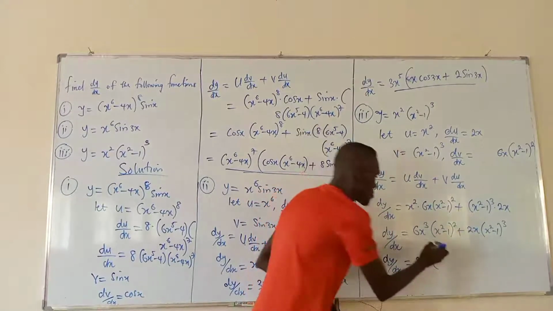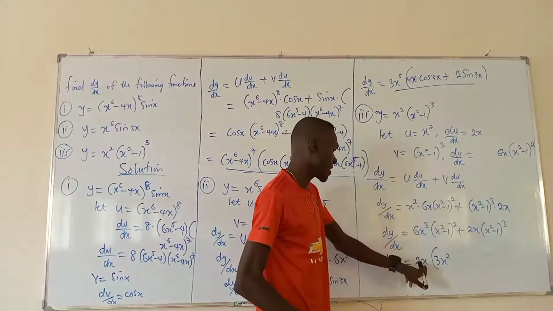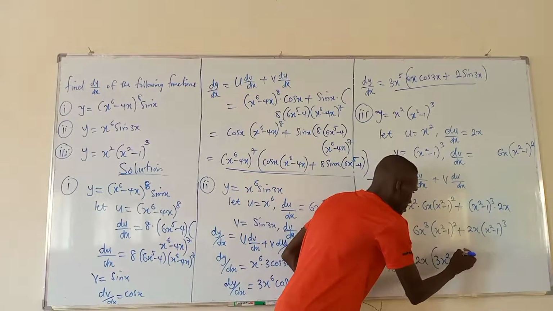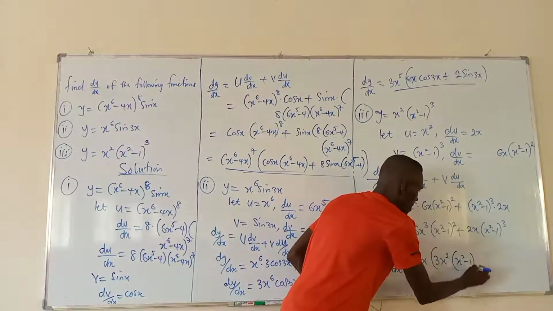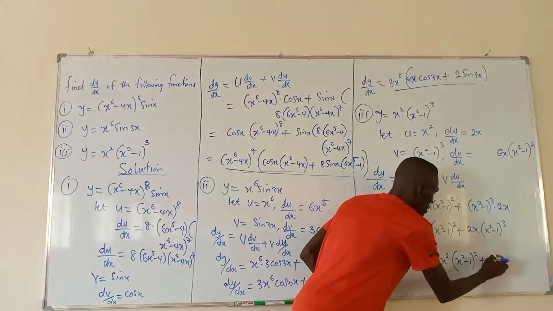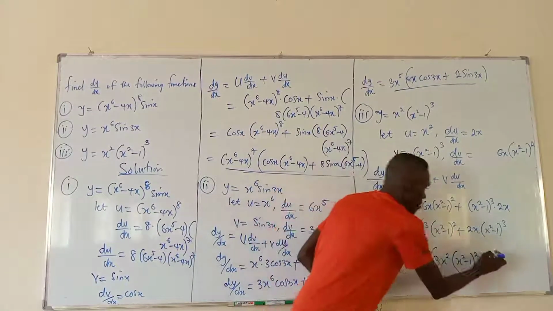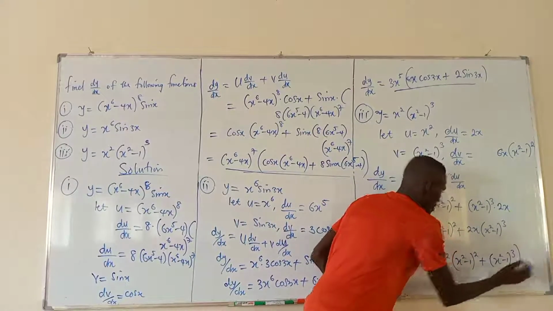If I remove 2x, that's going to be 3x squared, because 2x times 3x squared is 6x cubed. Then, open bracket, I'm still having (x squared minus 1) all squared plus, now I will not put 2x again because I've already factored it out. I'll just put (x squared minus 1) raised to power 3.